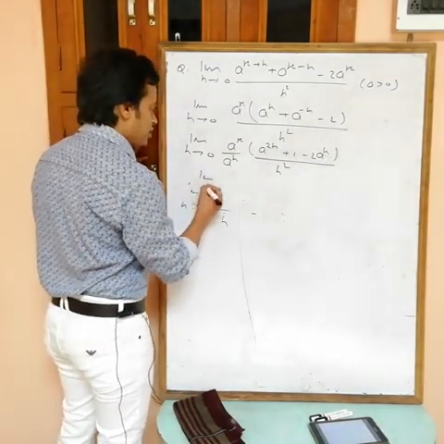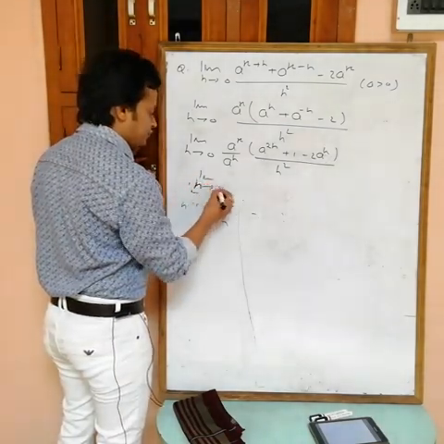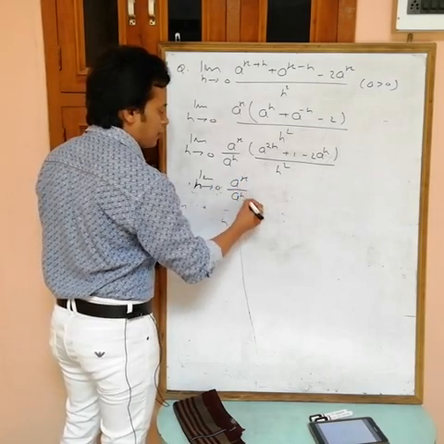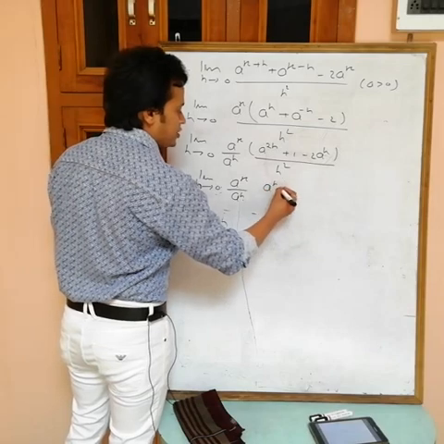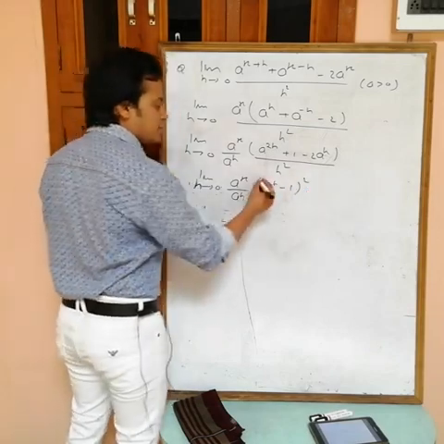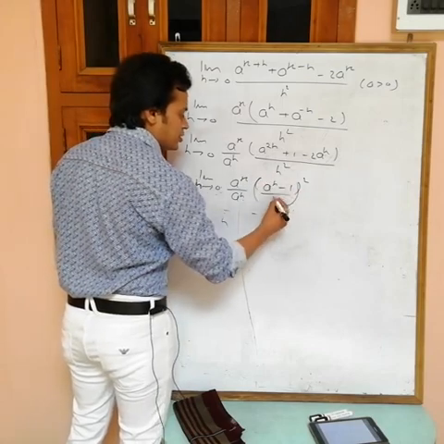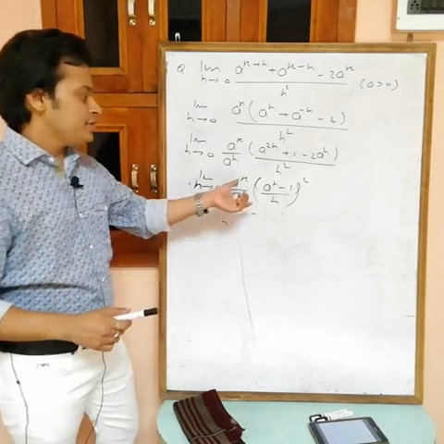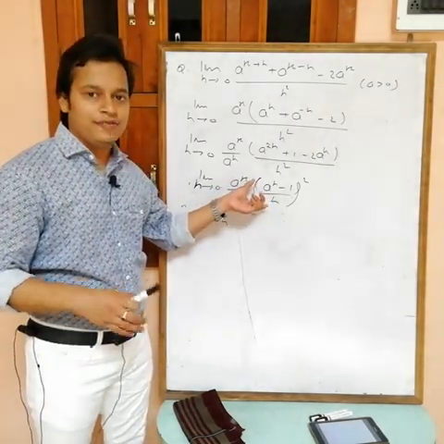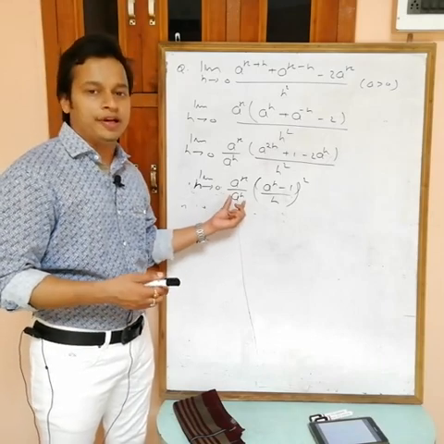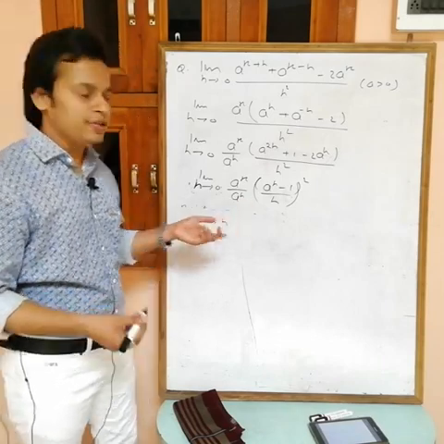Then limit h tending to 0, a power x by a power h, this one can be written as a power h minus 1 whole square, and this one is h square, so completely it can be written as this one by h whole square. Now this is the standard limit, so I can find the value of this limit. Also if you put h equal to 0, then this will be finite, a power 0 is equal to 1.